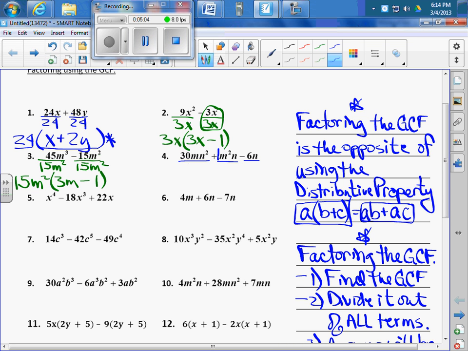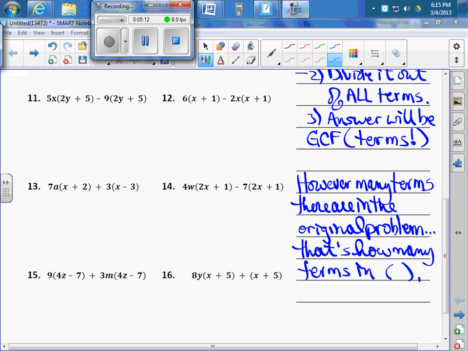That means we have an n in common. Now it's important for you to understand, and let's write this down also. However many terms there are in the original problem, that's how many terms are going to be left over in the parentheses. However many terms you start with, that's how many you're going to have in your parentheses.